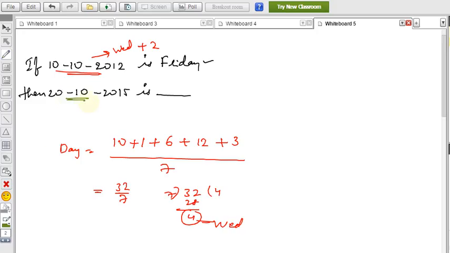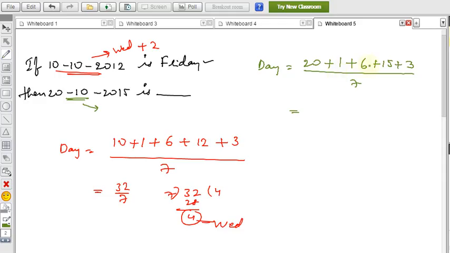Now for this original day we have to find out. Then for that we need to add extra 2 days. Now for that is day 20 plus October code is 1 plus century code is 6, number of years are 15, in that leap years is 3 because 3 fours are 12, by 7.